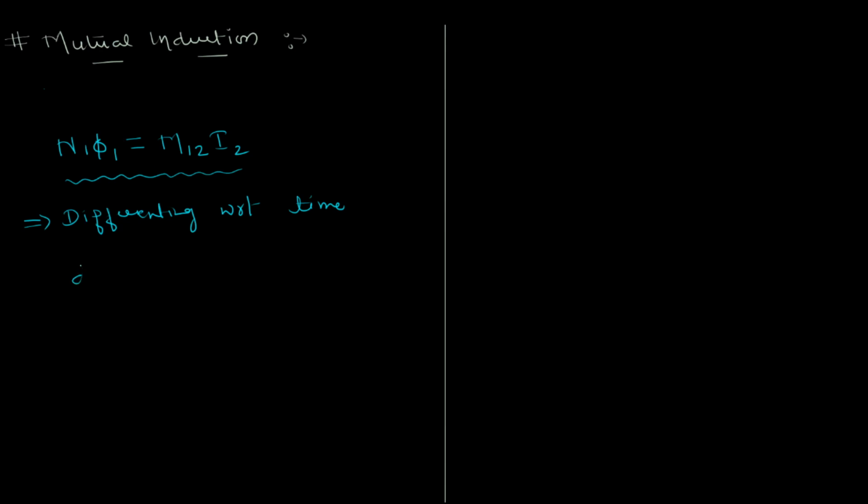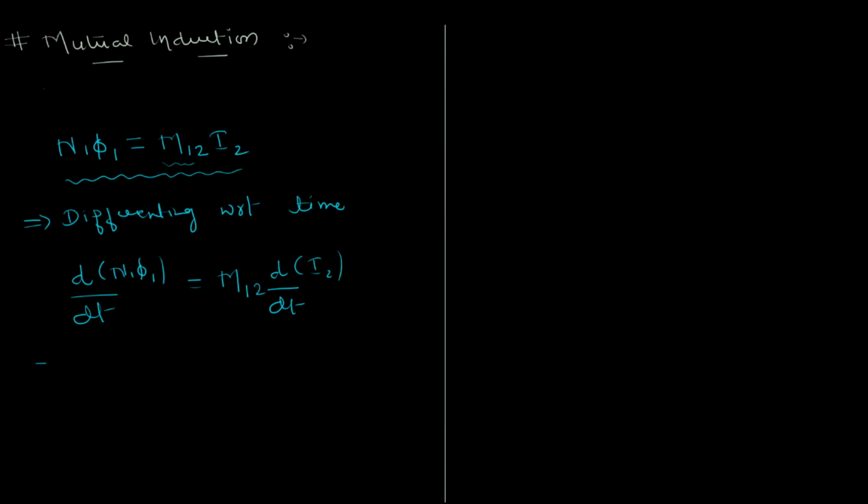It's just d by dt of N1 phi1 is equal to... I don't think there is any point differentiating mutual inductance because it doesn't depend on time, right? So according to the chain rule, I can just keep it out of the differentiation: M12 times d by dt of I2, right?